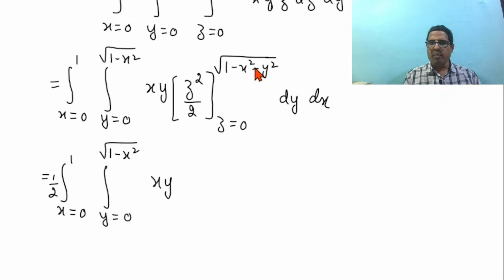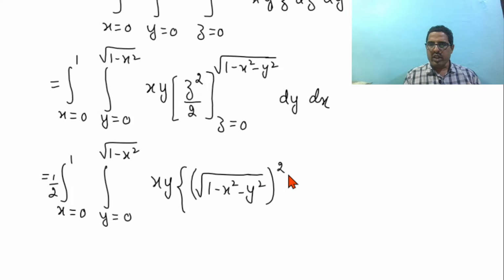Now let us apply the upper and lower limit values. The upper limit value for z will be root of 1 minus x square minus y square, and because z square is there, you need to square that, minus the lower limit value for z, which is 0. So 0 square will be 0, times dy and dx. What happens is the square root and square will cancel out.